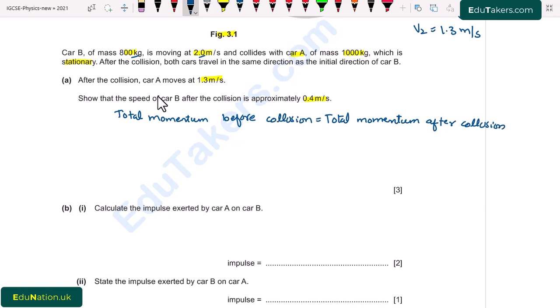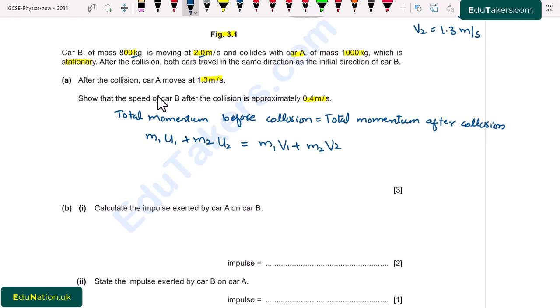So momentum is the product of mass and speed, and for total momentum before collision, we have to take the momentum of both cars. So I write here initial momentum, that is m1 u1 plus m2 u2. It is equal to final momentum, m1 v1 plus m2 v2.